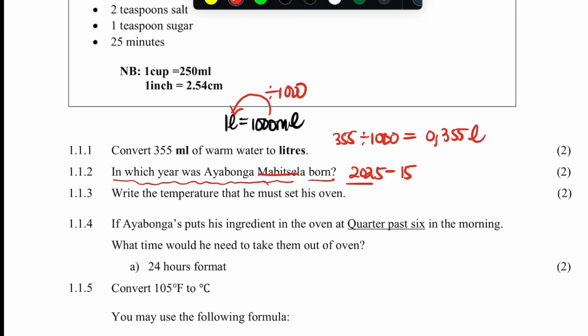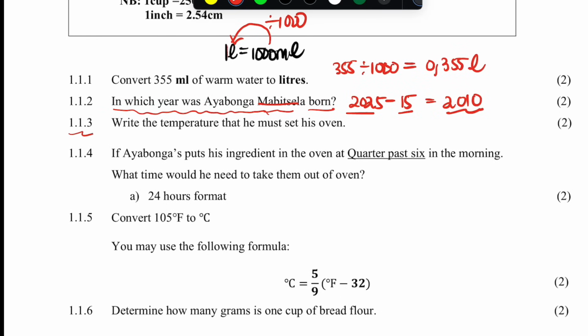So the current year, and he was born 15 years ago. So it's going to be what? 2025 minus 15, it's going to be 2010, right? Am I right? Let me check my maths. 2025 minus 15, it's 2010. So he was born in year 2010.